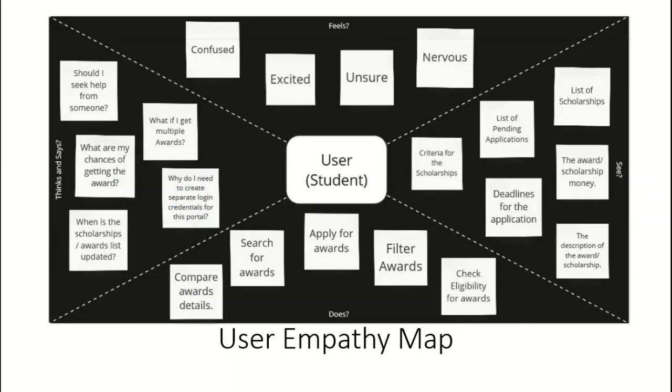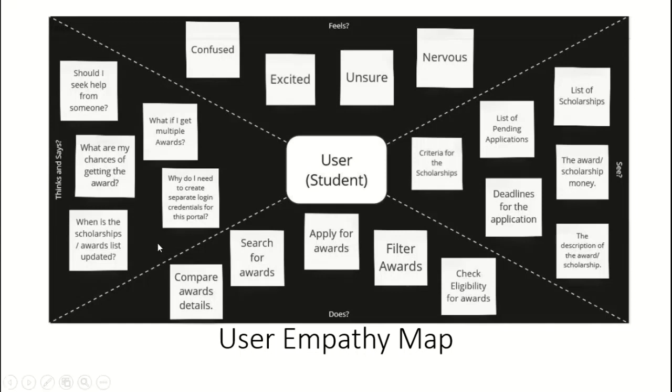Now, we interviewed several graduate and PhD students to get feedback on the current system. This is the empathy map that you can see on the screen that we could derive from the existing system. Some of the points motivated us to improve or alter the current interface.